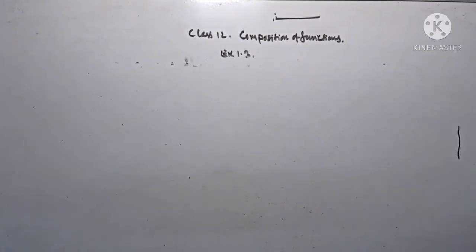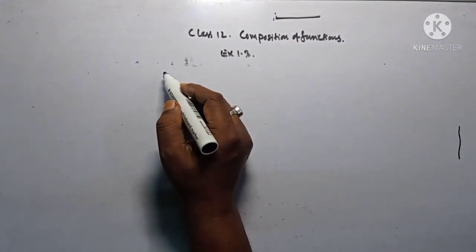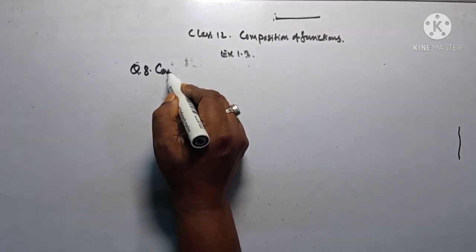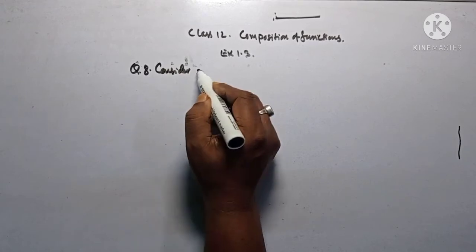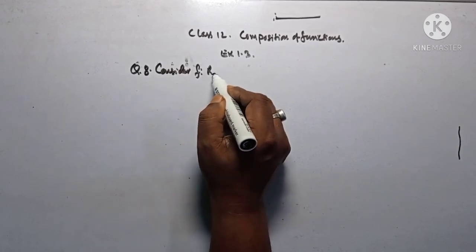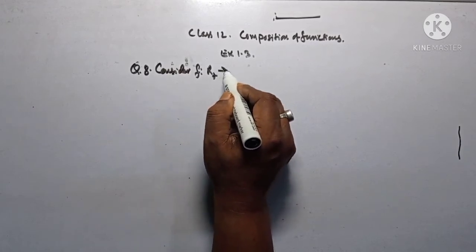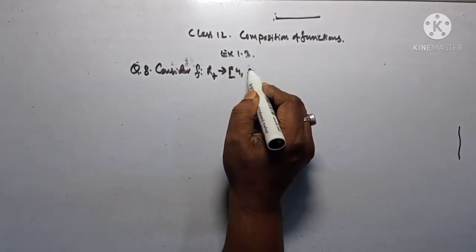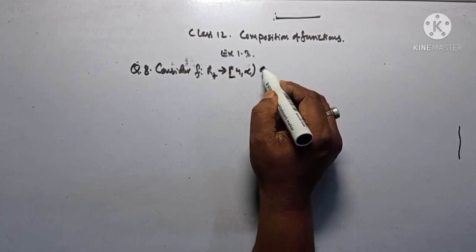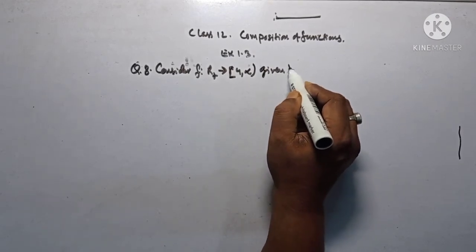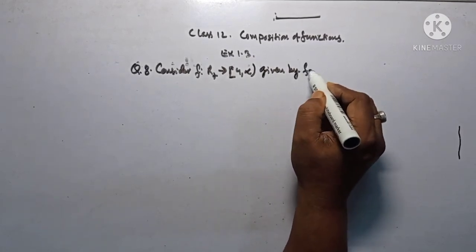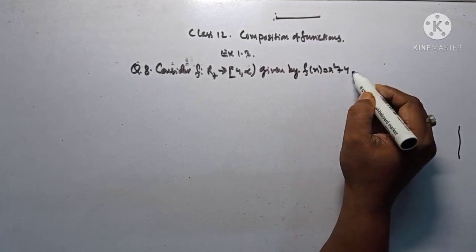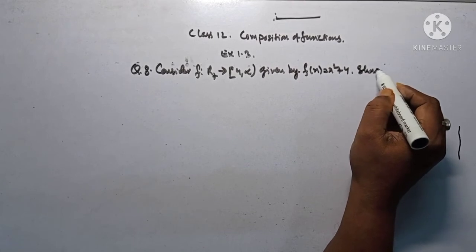You have to consider f from positive real numbers to 4 to infinity, given by f(x) is equal to x square plus 4.